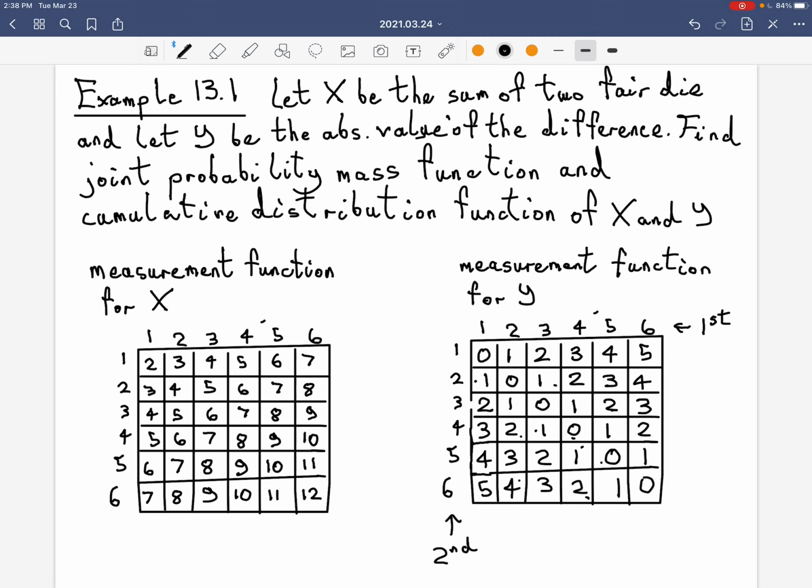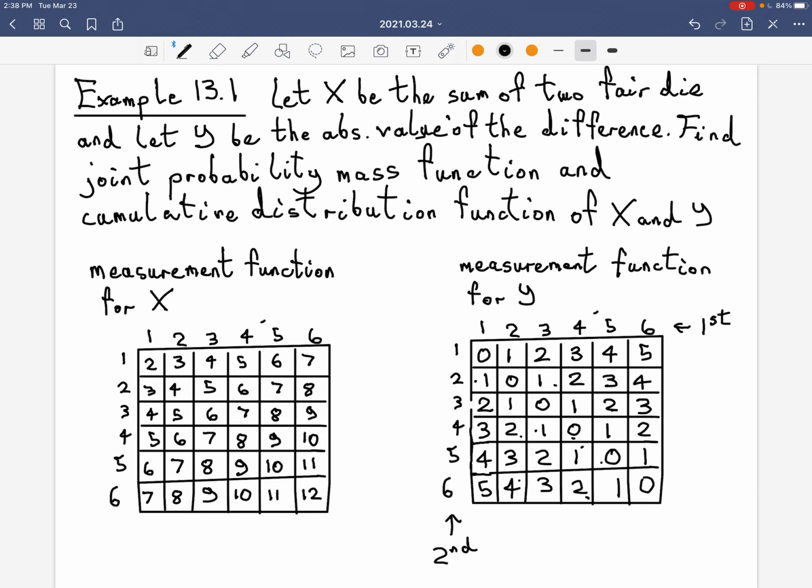Because this is the first example we're doing with joint random variables, I'm going to use the method that always and forever works, which is just to write down the measurement function explicitly and count.